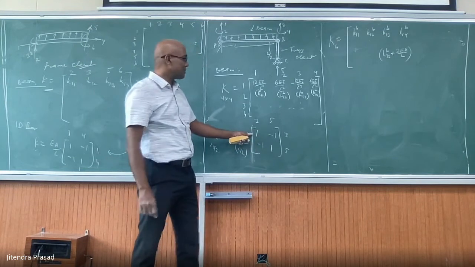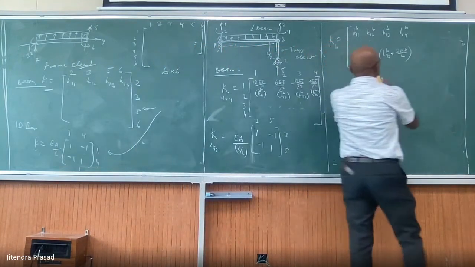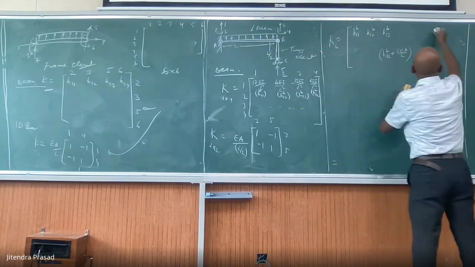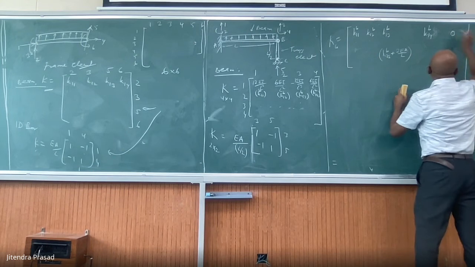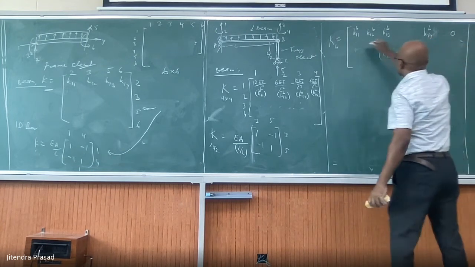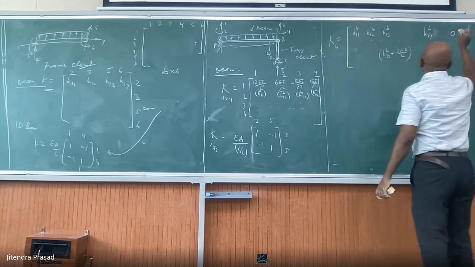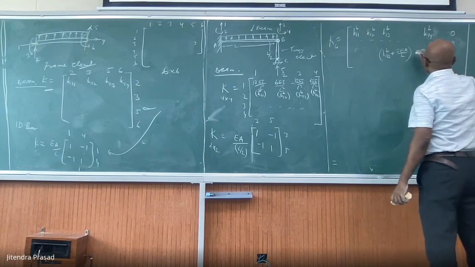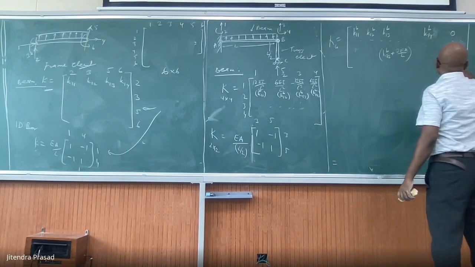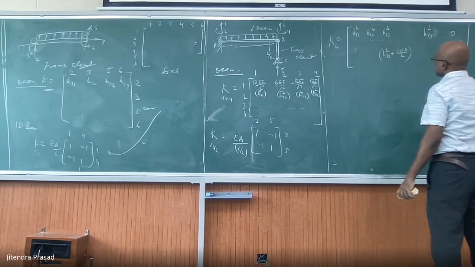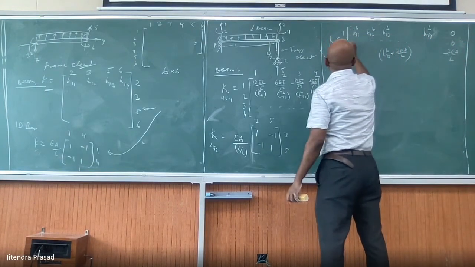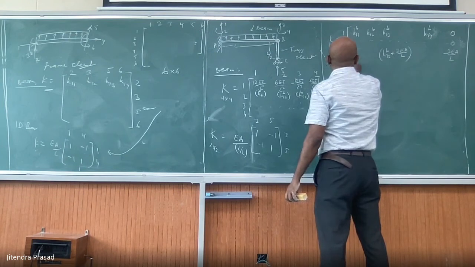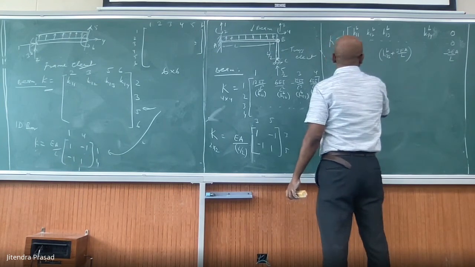And then you will have at 3, 5. So here you have K14B, it will be 0 here, right? You have some value here, you will get 0 here also. Here you will get minus 2EA over L. Then this is 1, 2, 3, 4, and you will have 5.